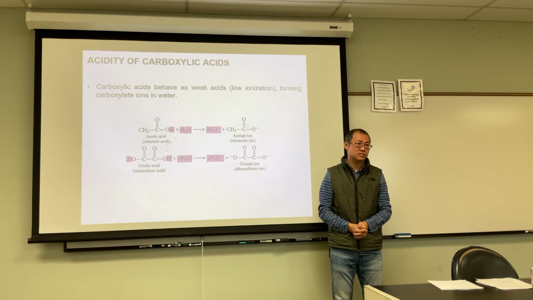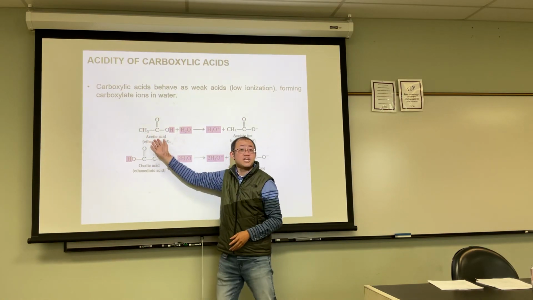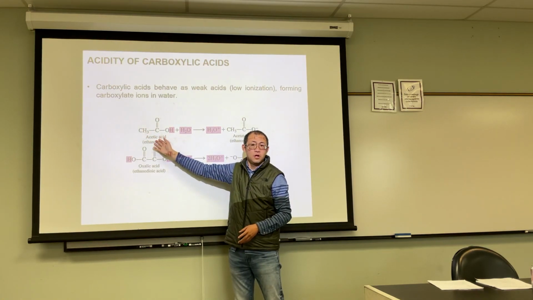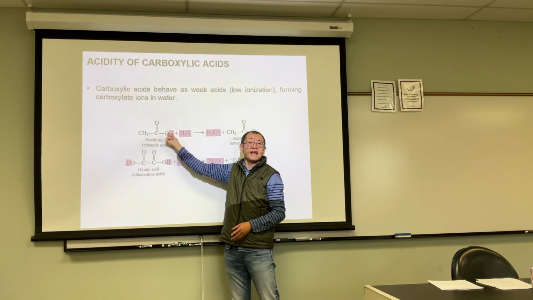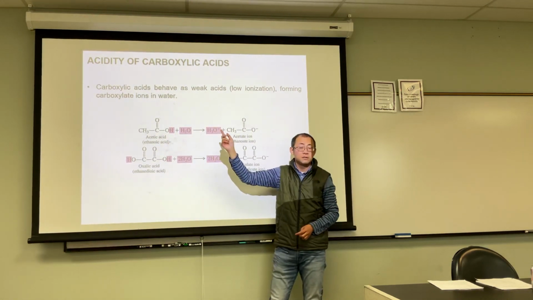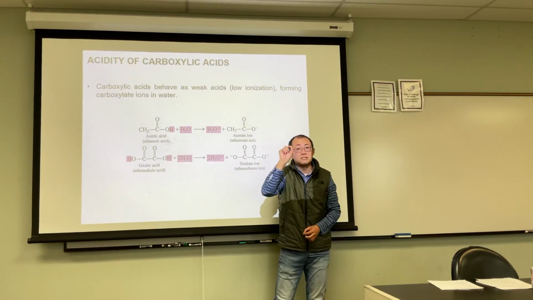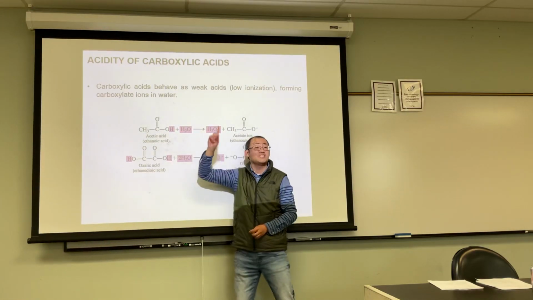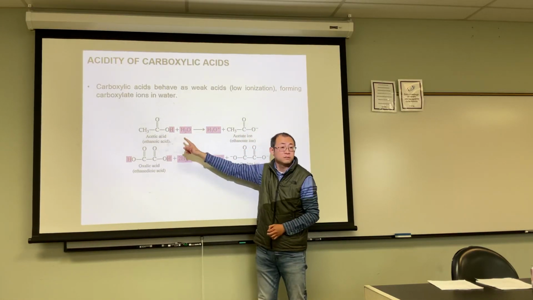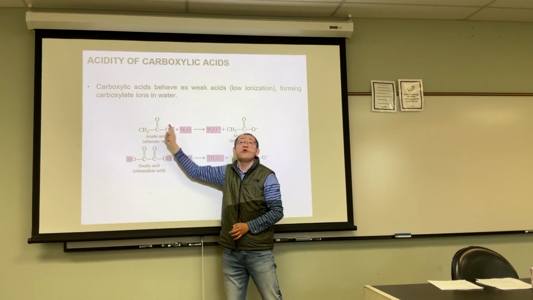Weak acid means the carboxylic acid here, like this guy, when they donate the hydrogen plus to water, not all the molecules do this. Only a small percentage of the carboxylic acid that is dissolved in water does this reaction. The majority of the molecules are still COOH.